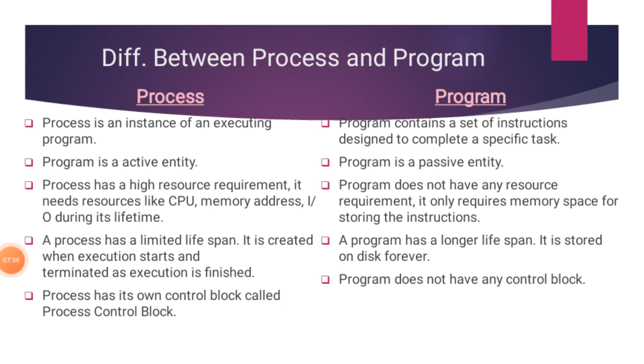Now the second difference: a program is a passive entity and a process is an active entity. Process is an active entity because it is an instance of an executing program and performs the task.